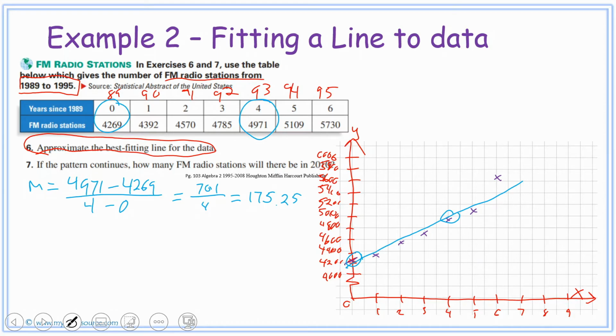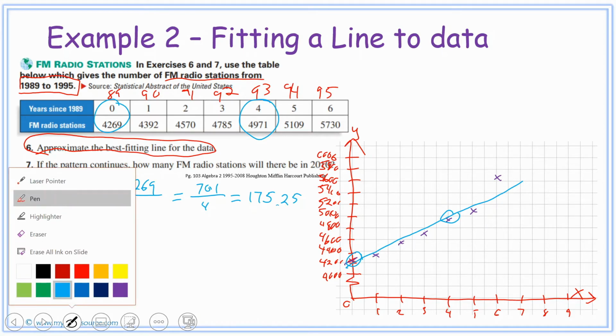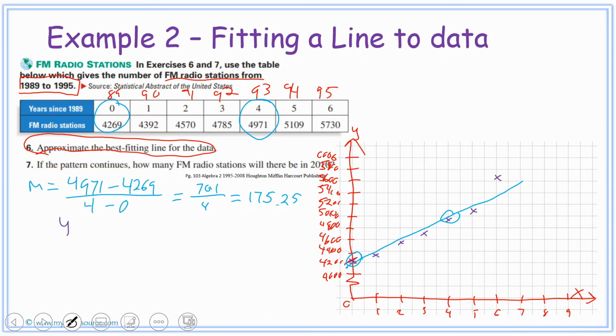And now we can use the point slope formula, or we could just use our understanding of slope-intercept form, but I'm just going to stick with the point slope formula. And that's going to be y subtract y1. And remember, you could choose either one of those, right? I'm going to choose the one with 0. That's just going to make the equation simplify easier.